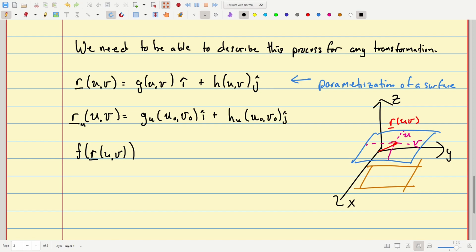So this point here technically would be u, v, and then f of r of uv. It's written sloppily, but we'll clean that up in a second. So we have this partial derivative here. It shouldn't surprise anybody that we have r partial v. It's the same sort of thing. It's going to be some point on this surface.